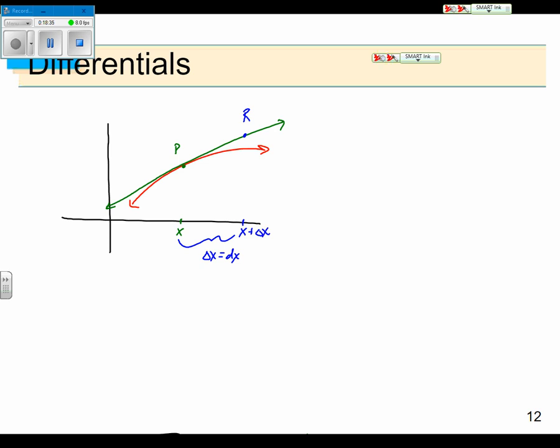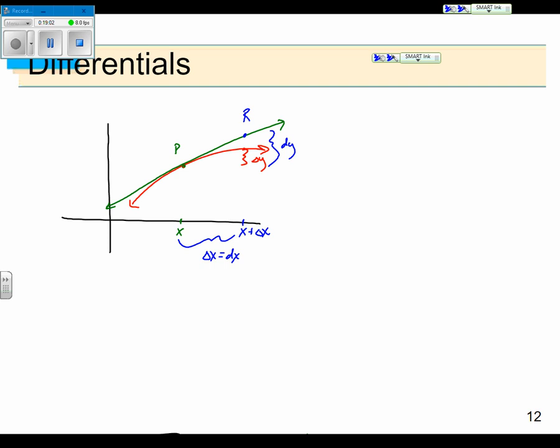Now, we're looking to approximate the dy, the difference, let me use red, just from this point up to here. That's going to be my delta y. However, using calculus, I can do this distance right here and get a dy since I'm using a tangent line.